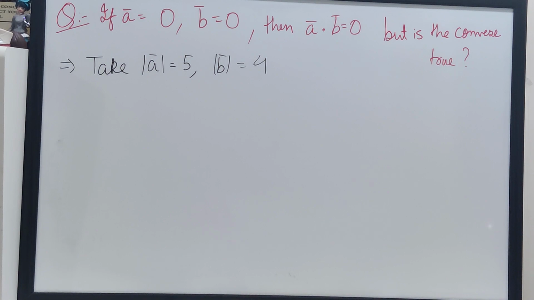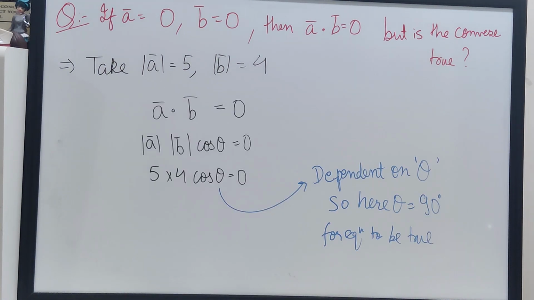If A dot B is 0, then we can have an equation where the magnitude of A will be 5 and B will be 4, and maybe the theta is 90 degrees, so A dot B is 0. So that does not mean that if A dot B is 0, A is also 0 and B is also 0. We just saw, right? It also depends on other factors like theta, the angle between A and B.